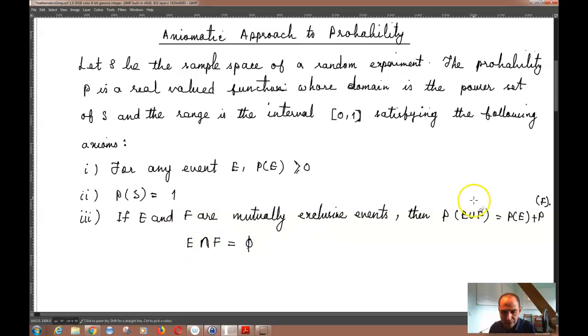If that's the case, then P of E union F is going to be equal to P of E plus P of F.